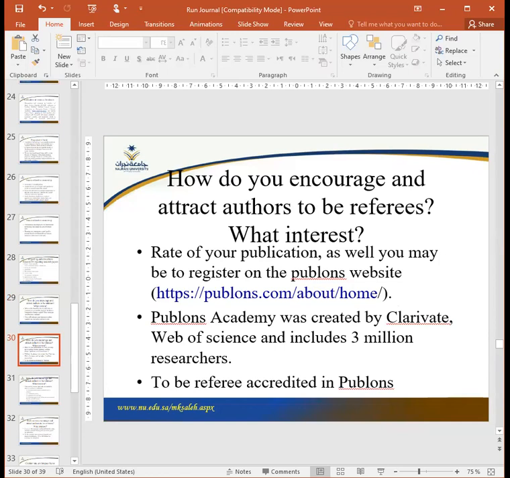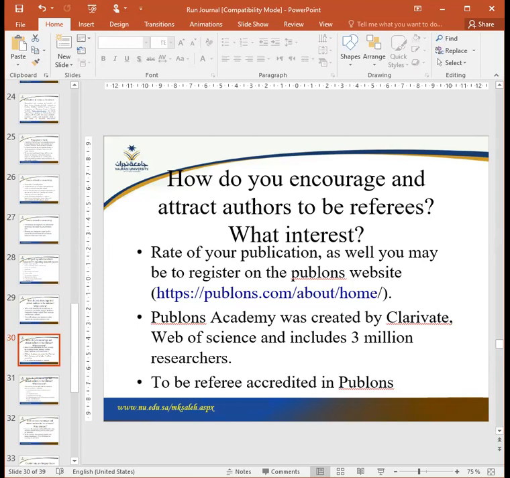Publons Academy was created by Clarivate Web of Science, including of course 3 million researchers. Publons helped many journals to determine the appropriate referee in return for a point record in the researcher account, if you wish, of course. In addition to a certificate granted by the journal and obtaining the result of the citation measurement.